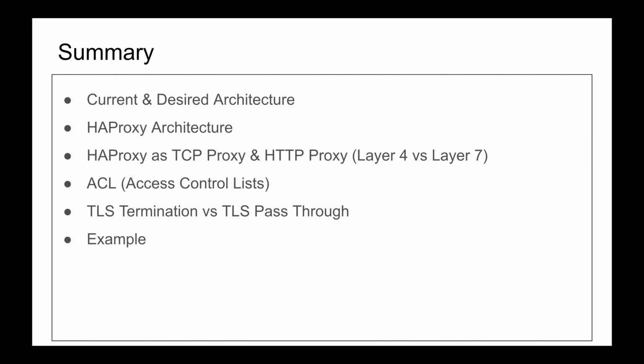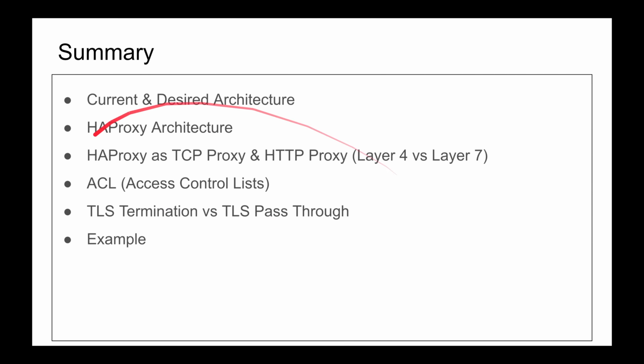Current and desired architecture. So we discussed that. That's the current, and that's the desired. We want to enable HAProxy as a layer 7 proxy, the load balancer. We talked about HAProxy, the front end, the back ends, all this configuration, ACLs. We made HAProxy as a TCP proxy, and we saw how it works. We made an HTTP proxy, a layer 7 proxy as well.